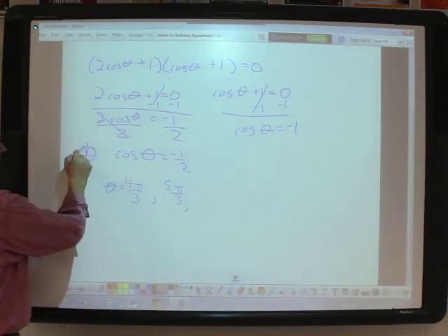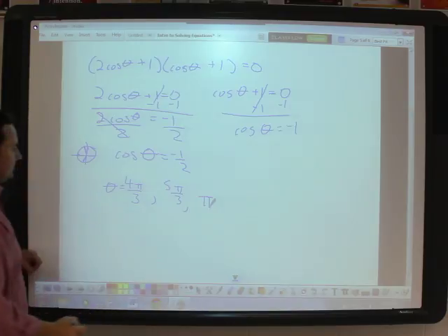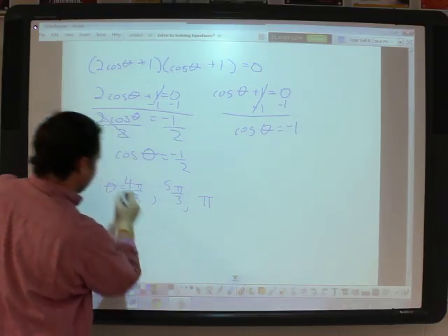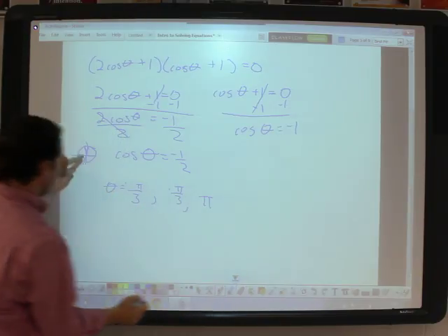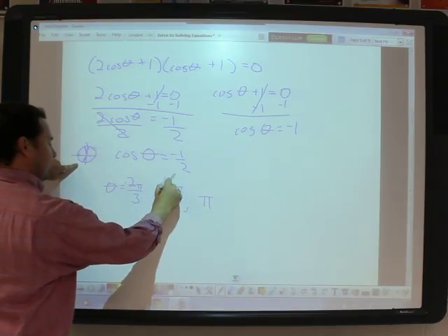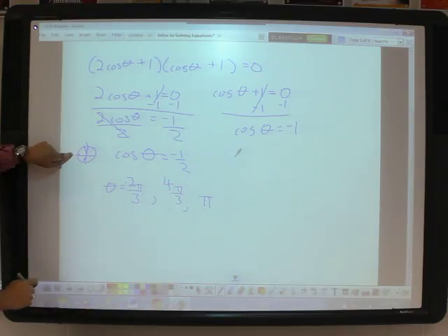And cosine is -1 here at pi. I messed that all up, didn't I? This angle will be 2 pi over 3. In my third quadrant, I've got 4 pi over 3. And cosine is -1 here at pi.